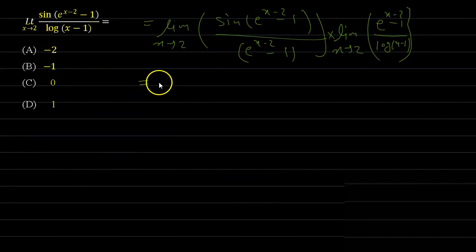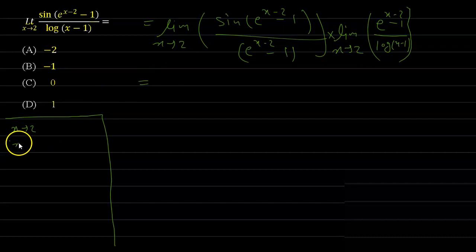Now to simplify further, suppose x tends to 2, then x minus 2 will tend to 0. On taking exponential both sides, we get e to the power x minus 2 tends to e to the power 0.